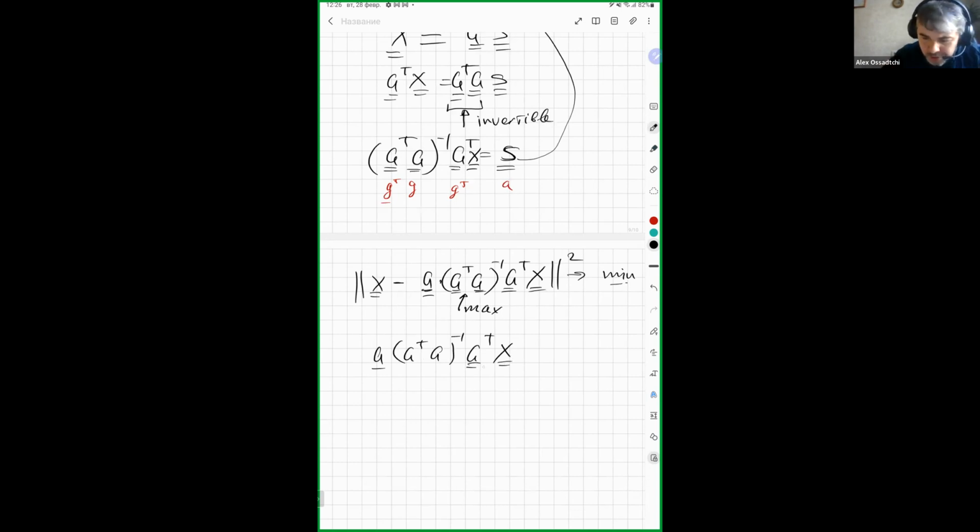But nothing really changes conceptually. And you want to maximize this guy. And now the same trick. Let me just not write the whole thing. All you do, you say that G is UG SG VG transpose. You just represent your matrix using singular value decomposition.